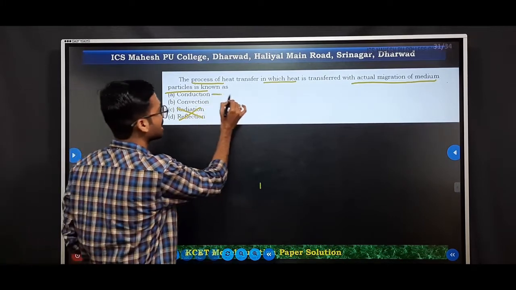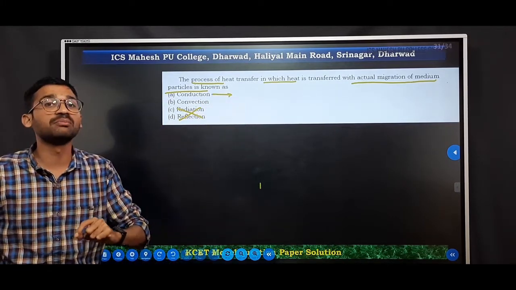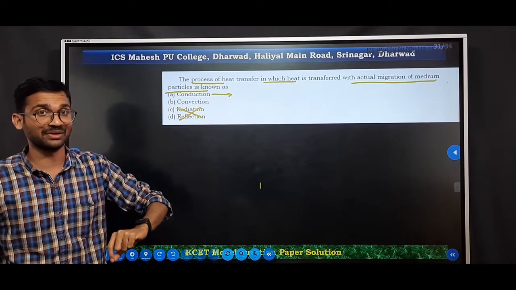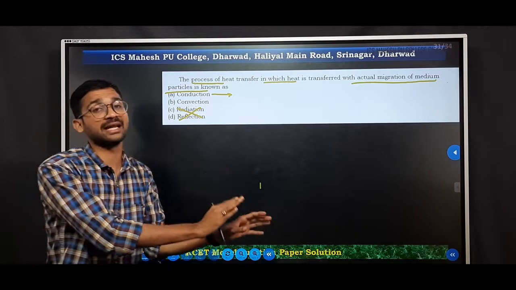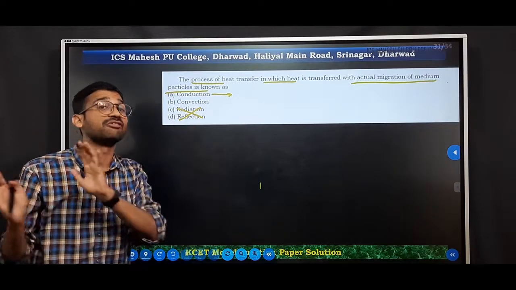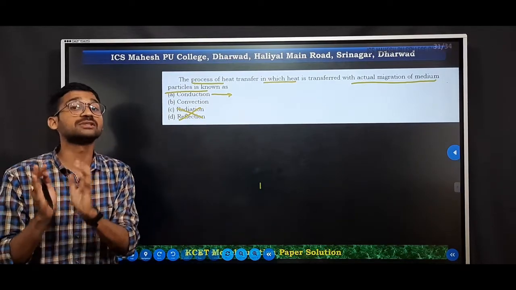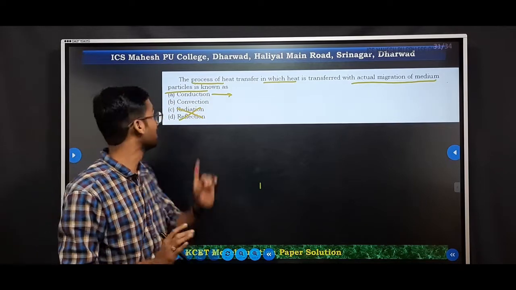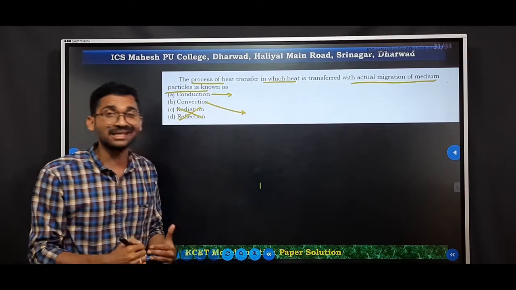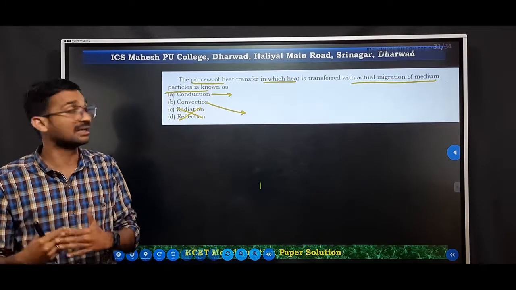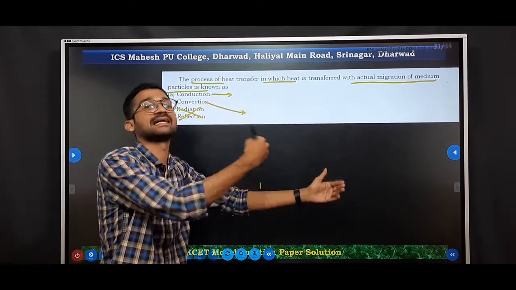Remember, in conduction, there is no actual movement of the particles of the system. In this method, heat is transferred from one side to another only due to the vibration of the particles of the medium. But in convection there is actual migration, or motion, of the particles of the medium from one side to another.